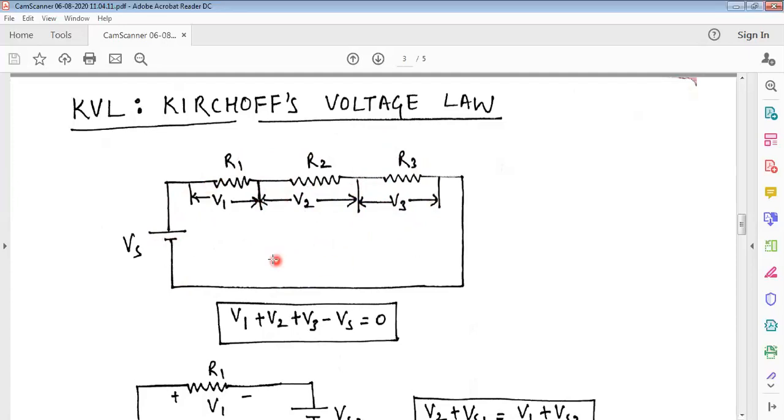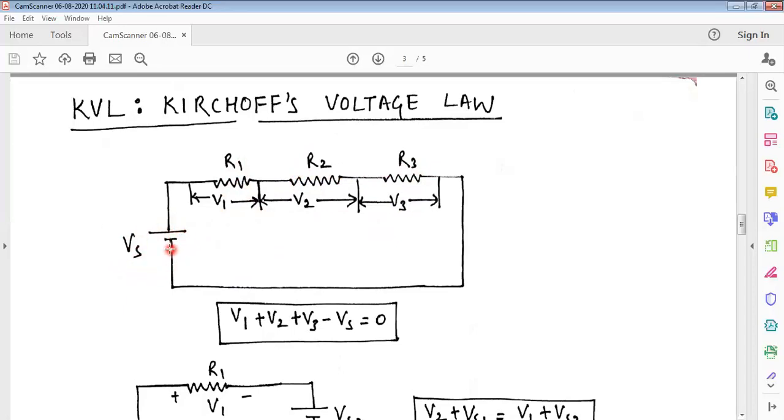So let's see how to write Kirchhoff's voltage law in mathematical form. Let's say a source voltage is applied to three resistors R1, R2 and R3. The voltage drop across R1 is V1, across R2 is V2, across R3 is V3. So V1, V2 and V3 are the voltage drops, and Vs is your source voltage.